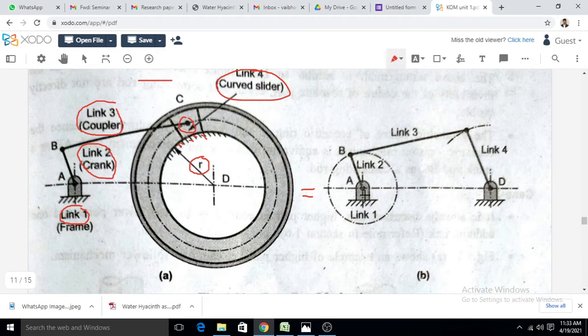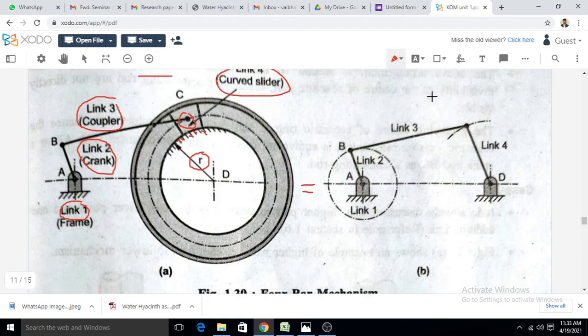This is case 1 of the equivalent linkage of a mechanism.